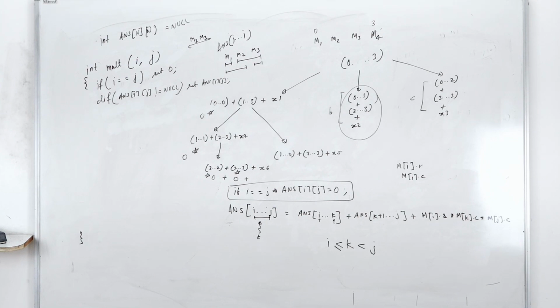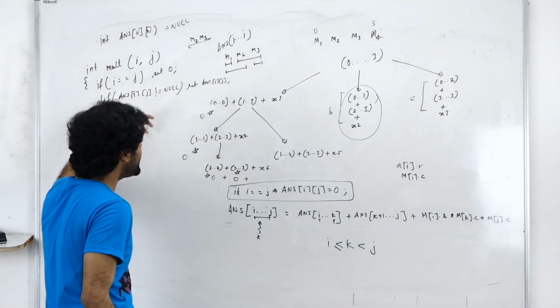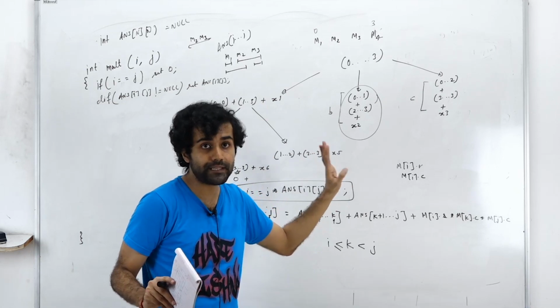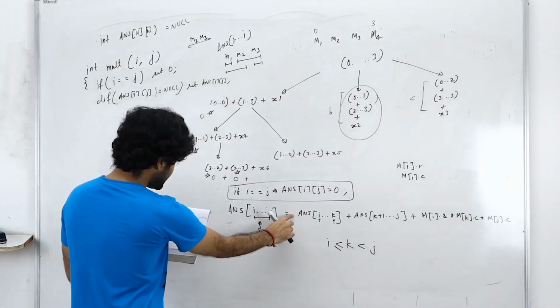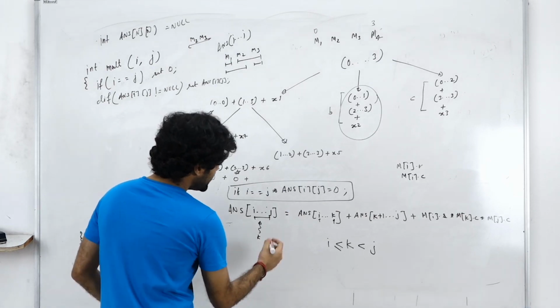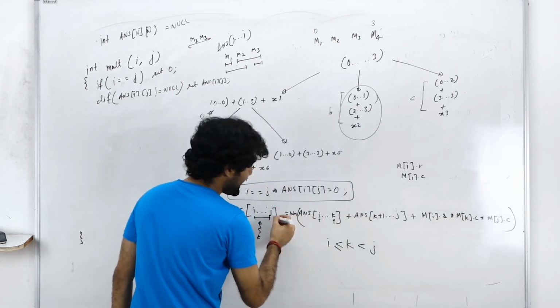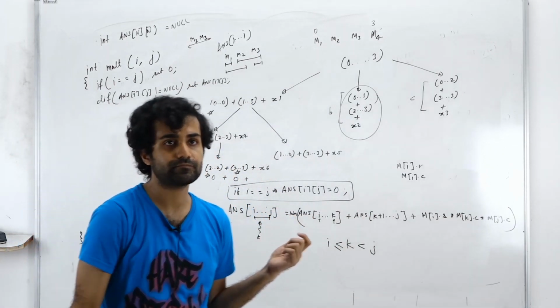Very good, we used to loop through it. So I need a for loop over here, and in every iteration of the loop I need to pick the minimum so far, because the min of all these values, where k varies from i to j, will be my answer.